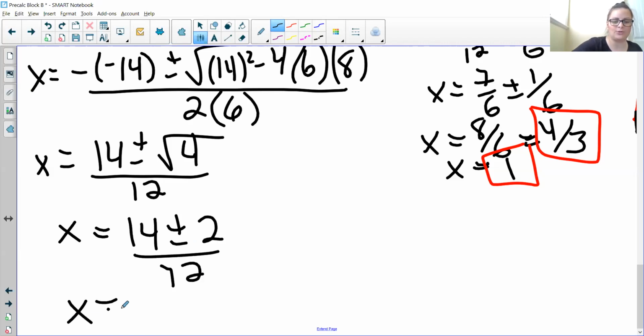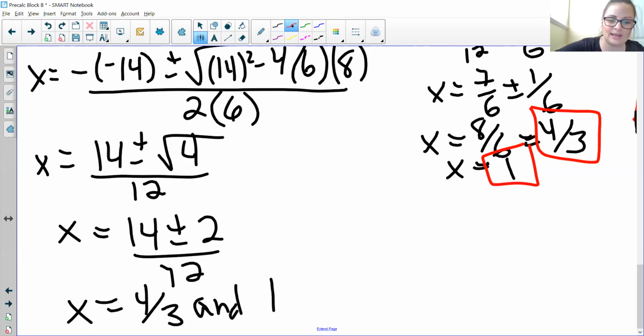So we're going to go through the two possibilities. 14 plus 2 is 16. 16 divided by 12 simplifies to 4/3. 14 minus 2 is 12. 12 divided by 12 is 1. And here we go. We got the same results.